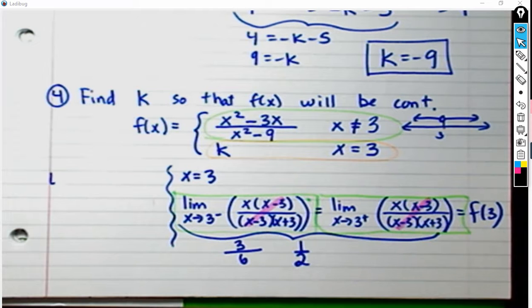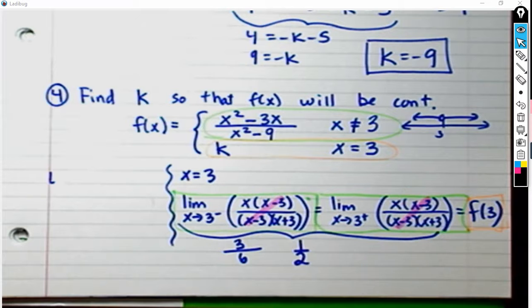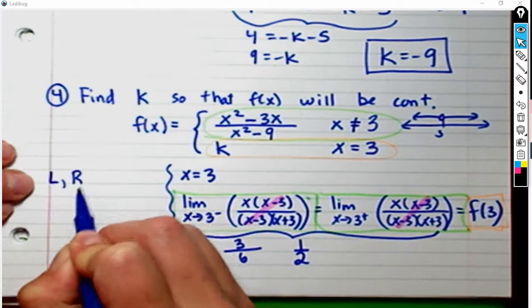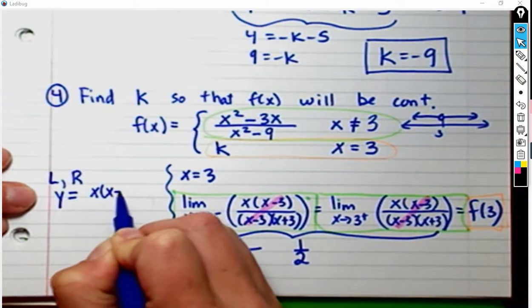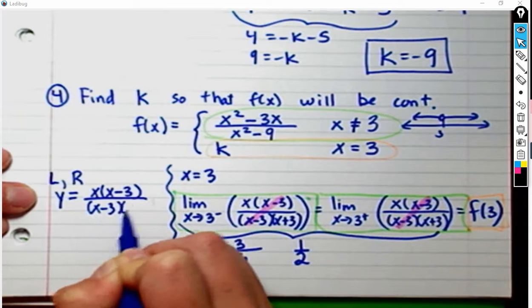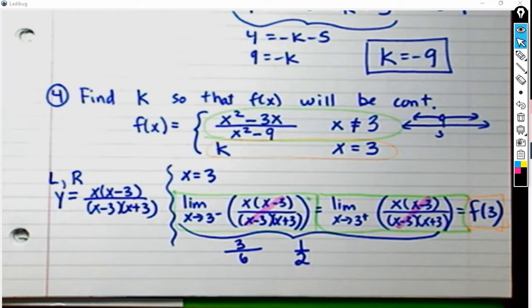f of 3 is orange. Is orange. What do you get when you plug in 3? So over here, now that I've sort of investigated, the left and the right were this one right here. Okay? The left and the right were that piece.